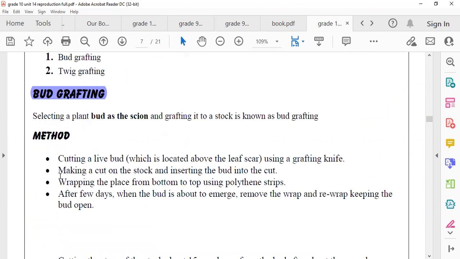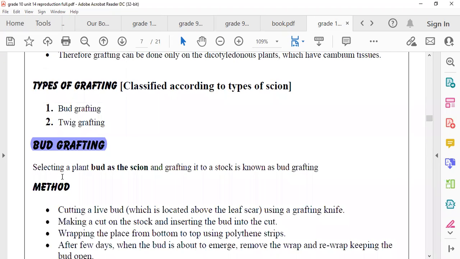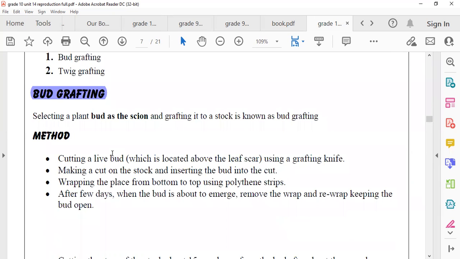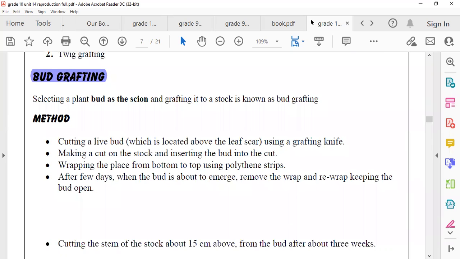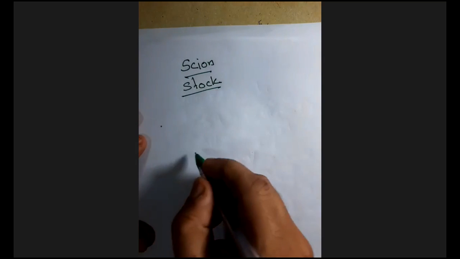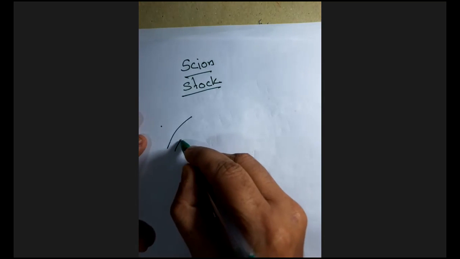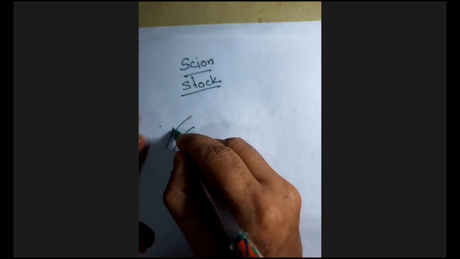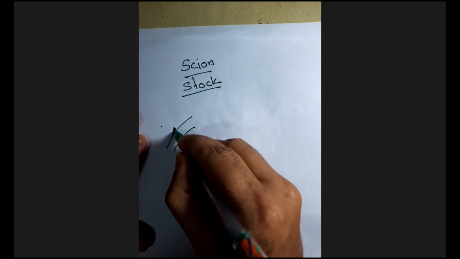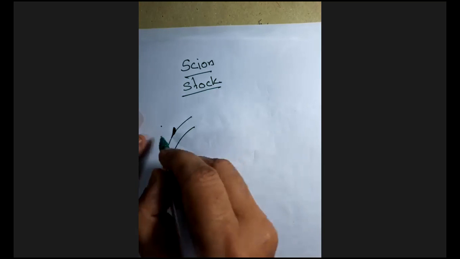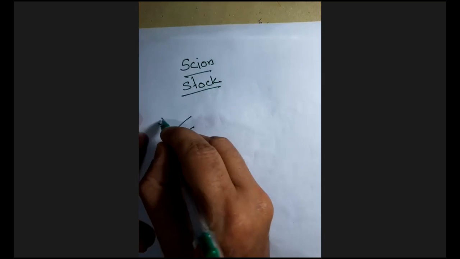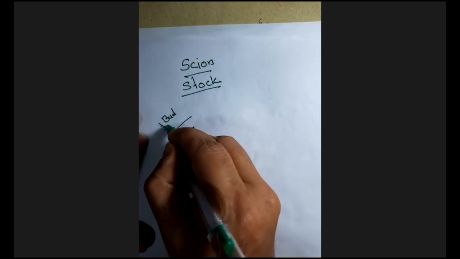Right? So here I am going to explain how bud grafting is conducted. In bud grafting, from one stem we will be removing a bud. I am marking this in the green color for you to understand that it is the bud.